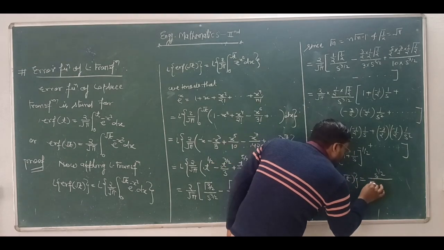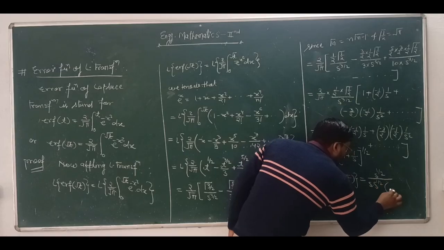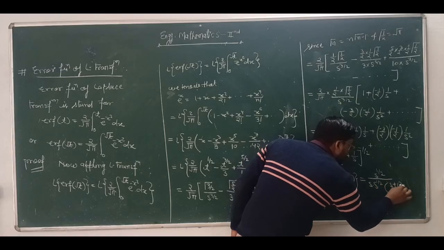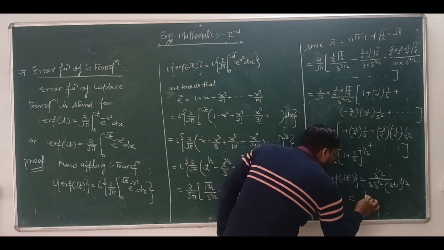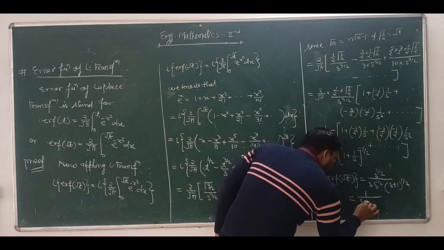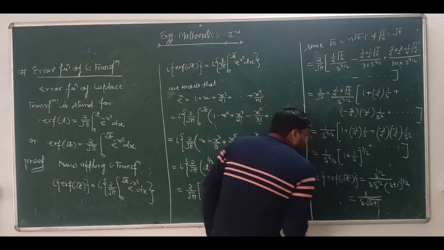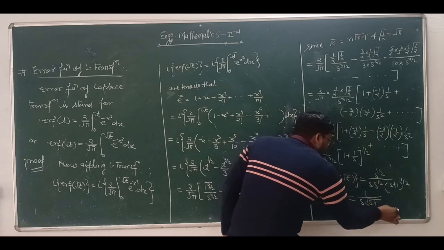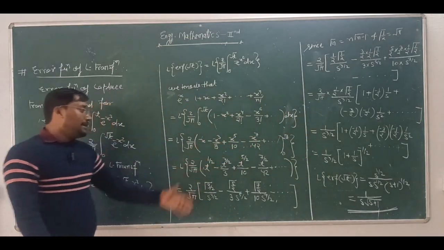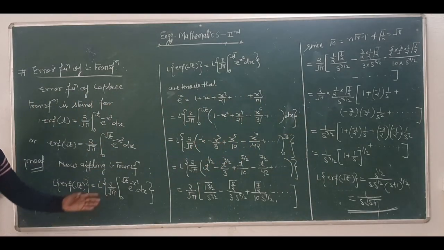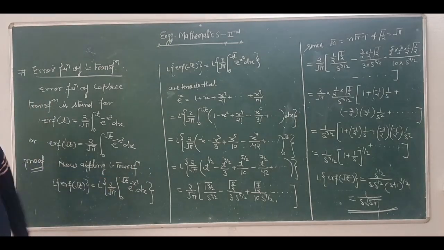Now s into s to the power 1 by 2, now s plus 1 to the power 1 by 2. Now you can write this 1 by s under root s plus 1. This is the error function of Laplace transformation. Hence proved that Laplace of error function of root t is equal to 1 upon s under root s plus 1.